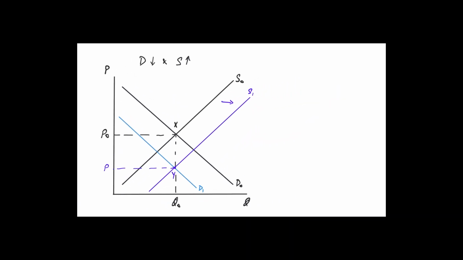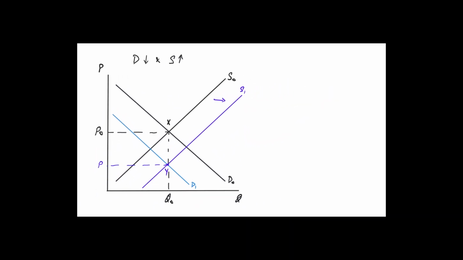Just to be sure, we're going to test it out again. Demand going down and supply increasing, their impacts on price and quantity. If demand goes down, both price and quantity move downwards. If supply increases, the price goes down and quantity goes up. So as a result, the price is going down and the quantity is uncertain.